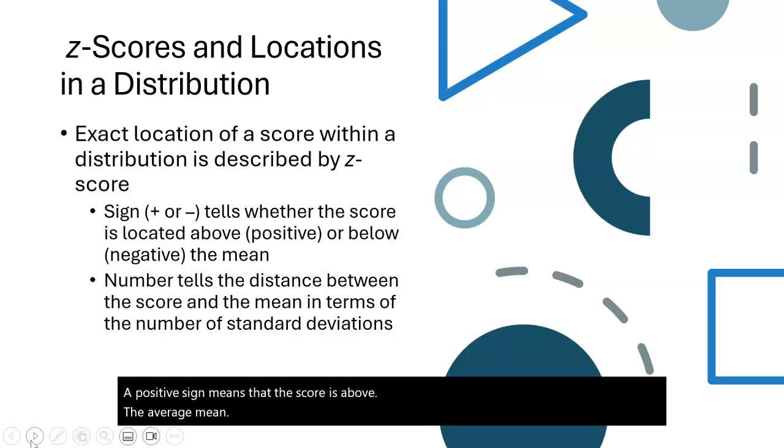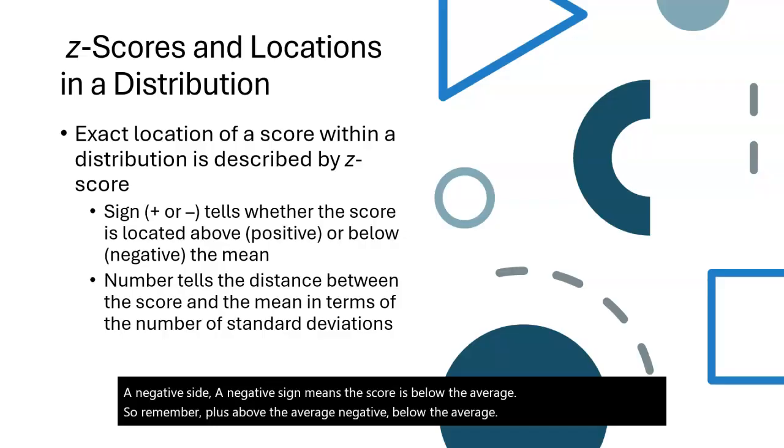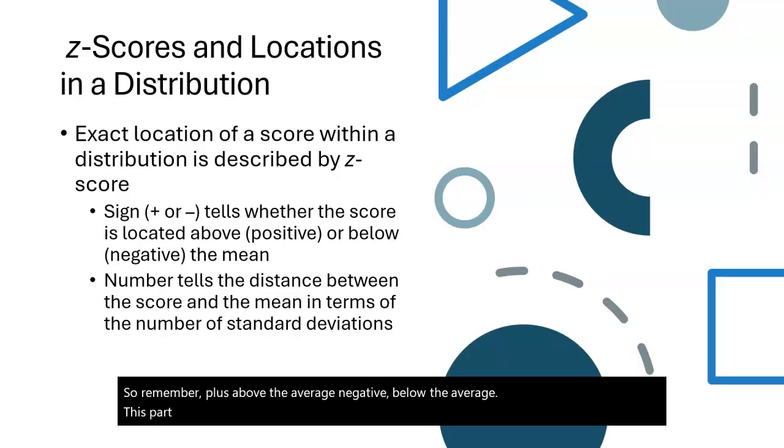A negative sign means the score is below the average. So remember, plus is above the average, negative is below the average. The number tells us how many standard deviations away from the mean the score is.